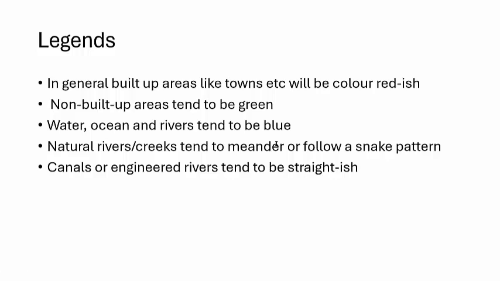That's why rivers bend. Canals or engineered rivers tend to be straight-ish, not quite like a Roman road, but not far from it. And again, they'll be coloured blue. So think along the lines of an irrigation canal, those sorts of things. Now, if you see something that's completely straight and blue and it's inland, it's not likely to be a river.